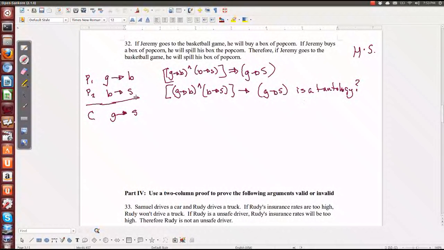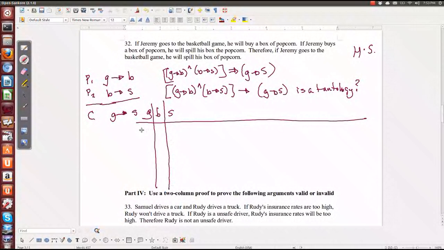So I have three statements here. I've got G, I've got B, and I've got S. And of course, we're so used to doing these truth tables. True, true, true, true, false, false, false, false.